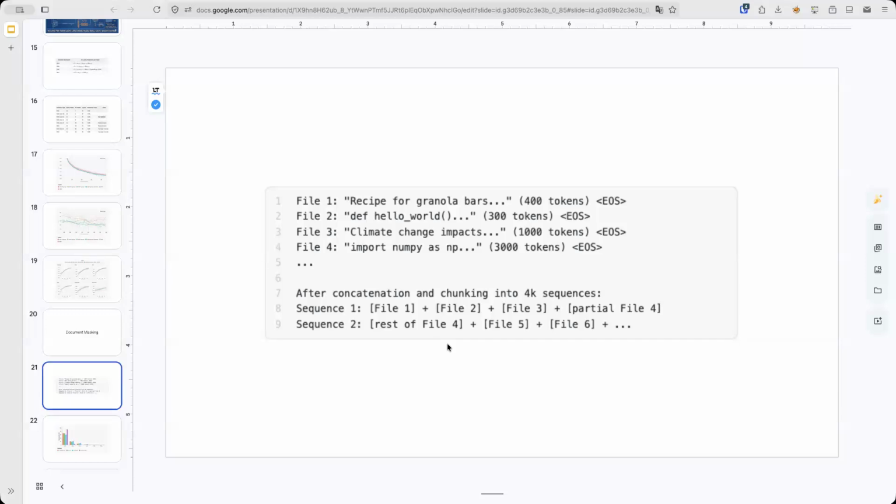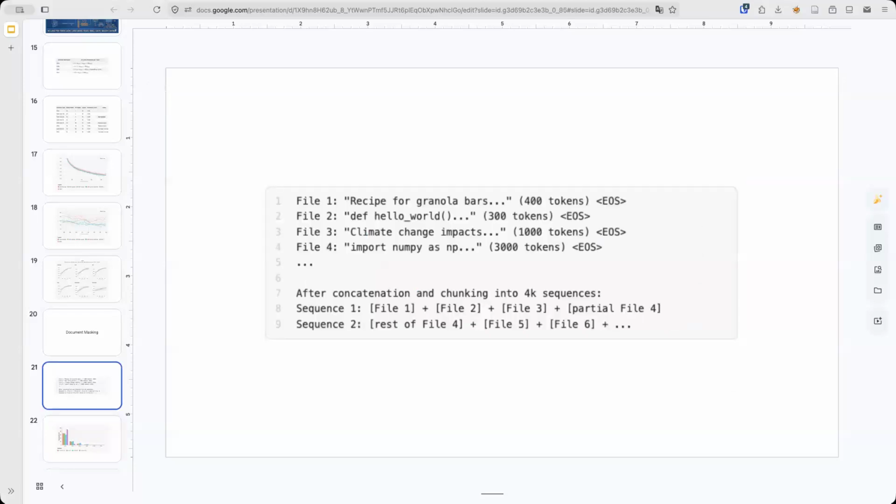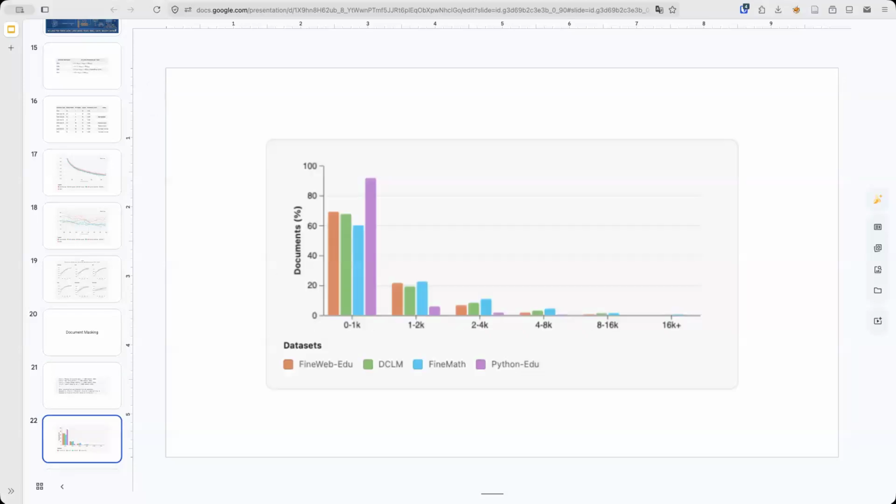False bias. And if we take a look at the distribution of the length of the documents in various datasets, here it's FineWeb Edu, DCLM, whatever that is, FineMath, and Python Edu, we can see that most of the documents reside below 2K length, which means that we have to somehow join them if we want to make training efficient.